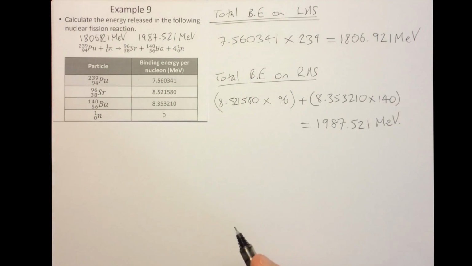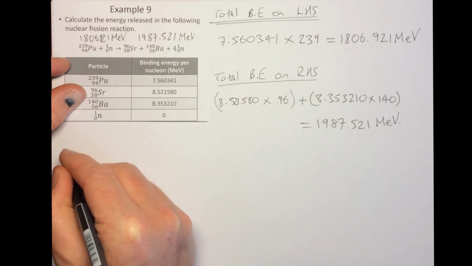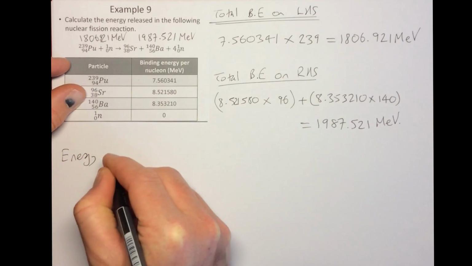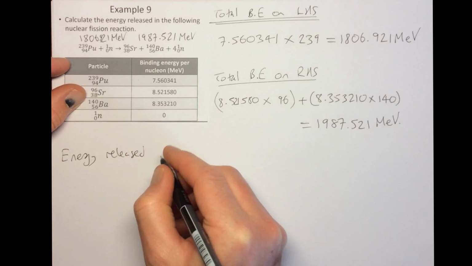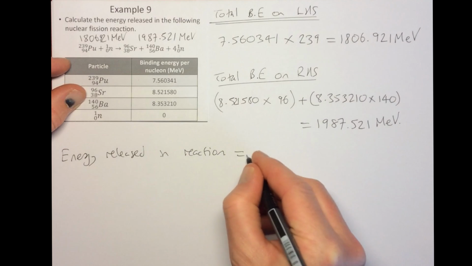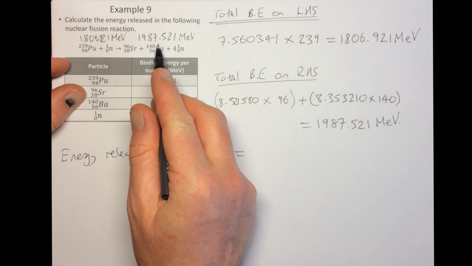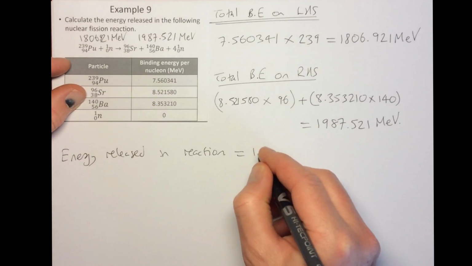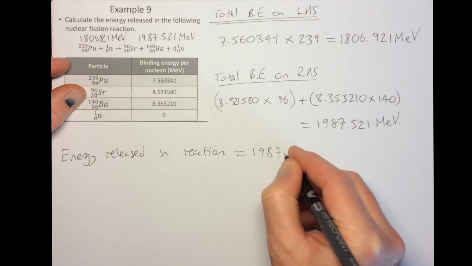Okay, so now we can work out the amount of energy released in this reaction. So the energy released in the reaction is going to be equal to the final binding energy take away the initial binding energy.